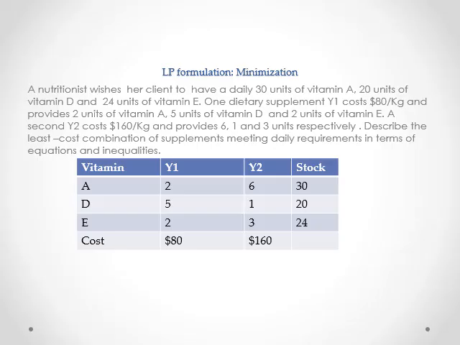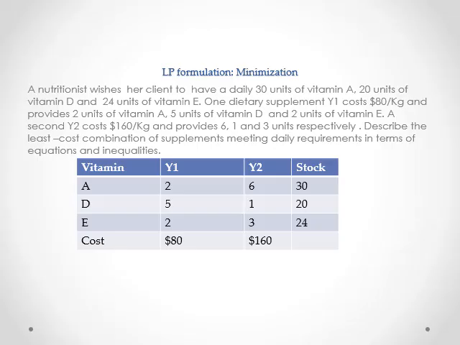So here we have a statement which determines the nature of the linear programming problem. The statement talks about cost, and therefore we have to formulate a problem of minimization.